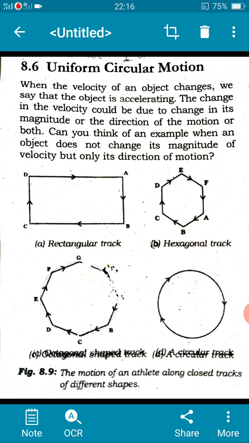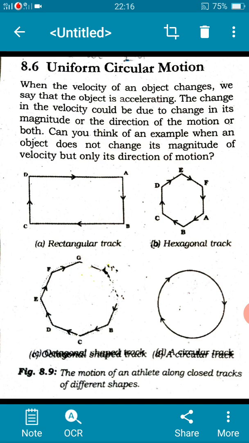And you know that when the velocity of an object changes, we can say that the object is accelerating, or there is an acceleration. The change in velocity could be due to the change in magnitude, or the change in the direction of the object, or change in both.